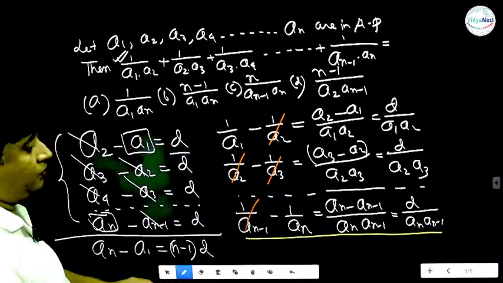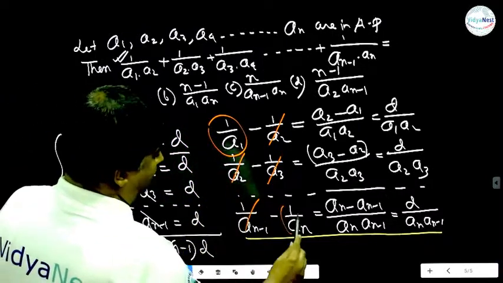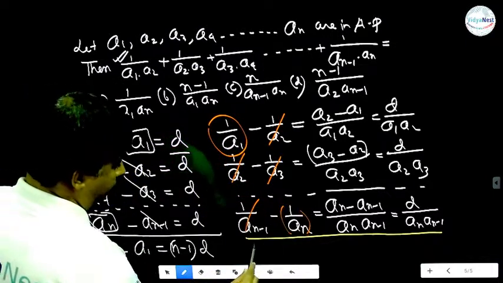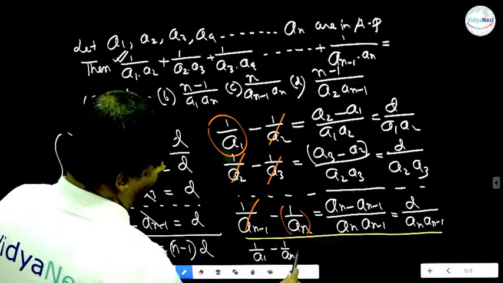And here, obeying the telescopic method, first and last will remain as residue. 1 by A1 minus 1 by N.